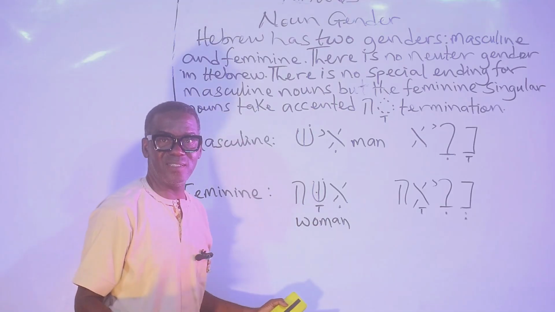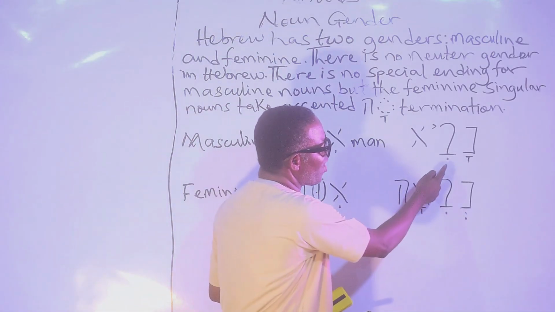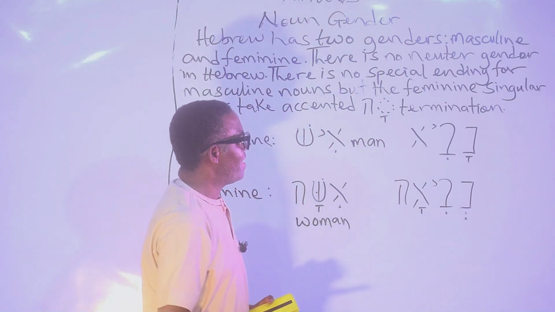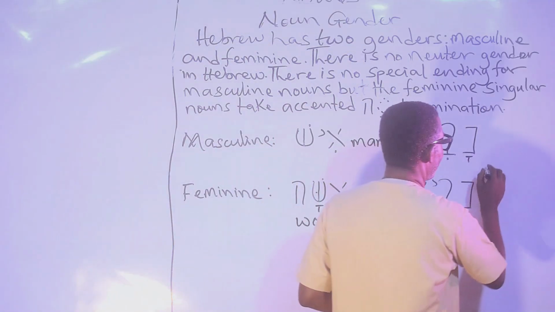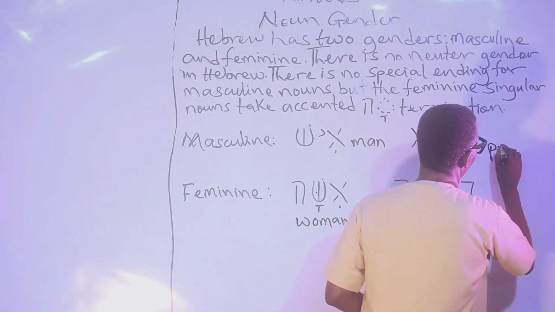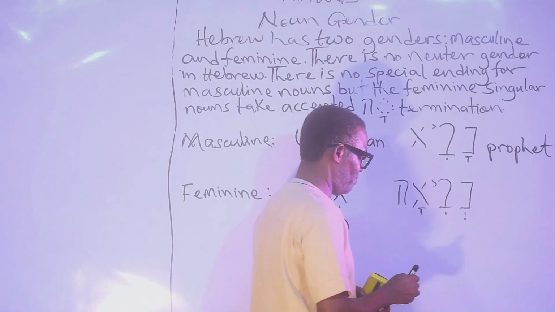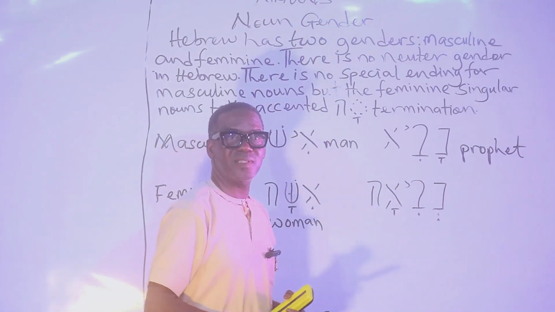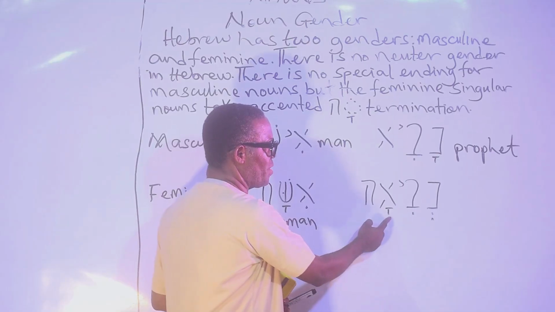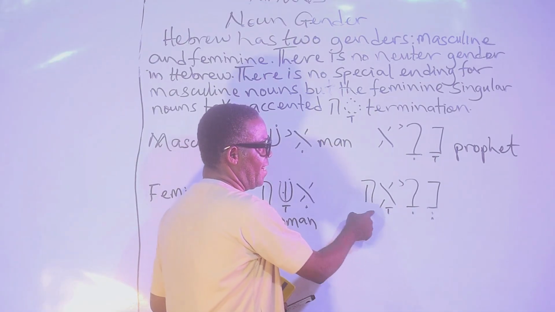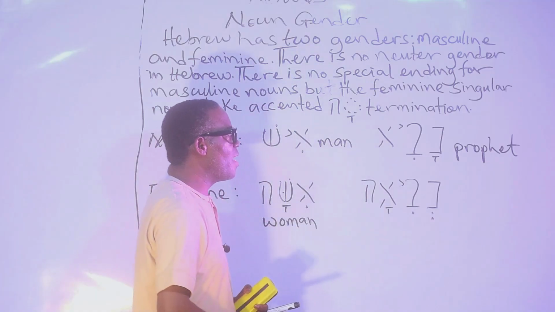Now the second word is Nabi. Nabi means prophet. This is the feminine form. You see the feminine ending at the end of it. So the word is Nebiah.